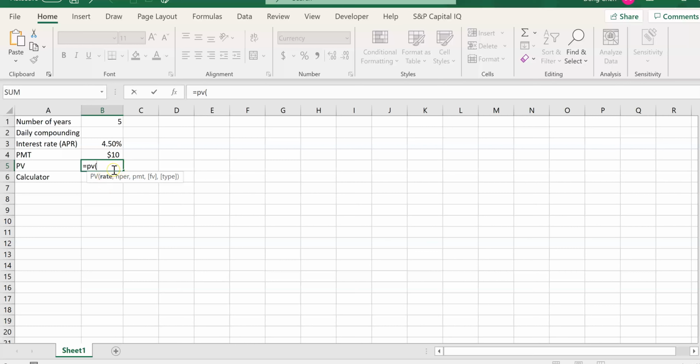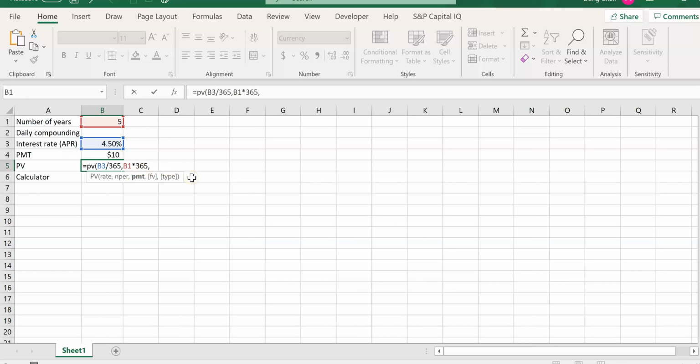So I need to get the daily interest rate by dividing this APR by 365. And then the second argument is the NPER. So this is the number of payments. That will be the number of years, and then times 365. And then the third argument is the payment.